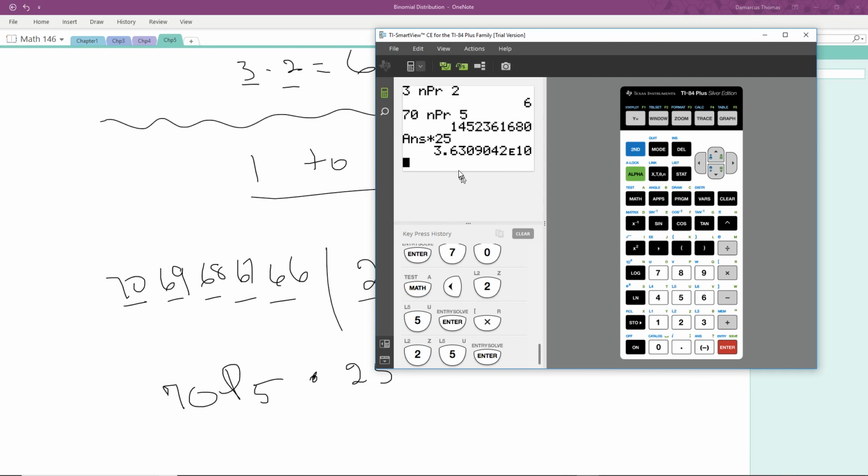Okay. 3.63 times 10 to the 10th power. Well, that's a lot. I mean, look at the odds there. What is that number really, right? Isn't it 363 million?